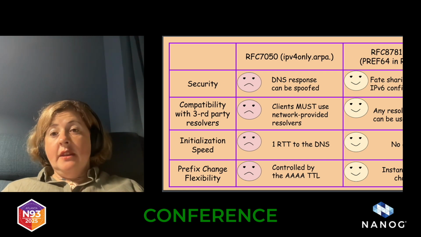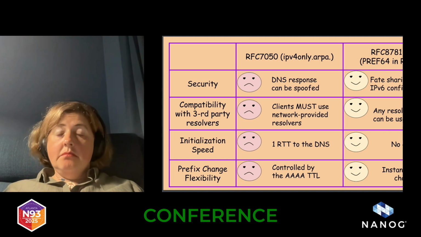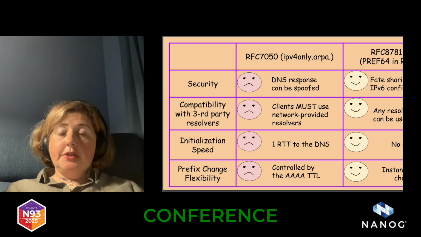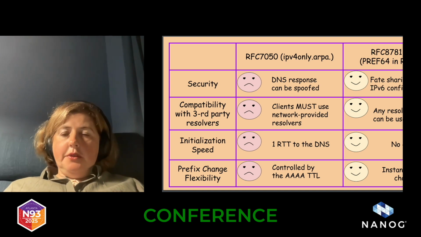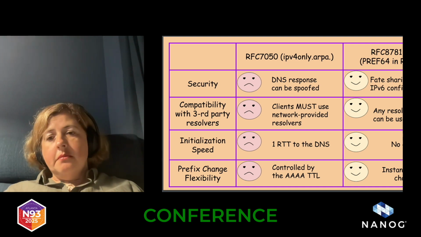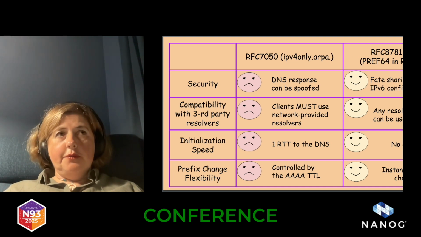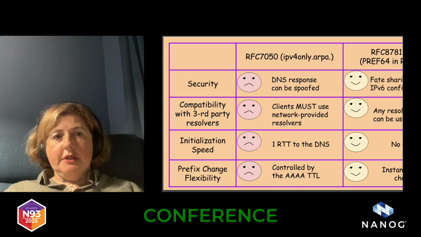So it doesn't work very well. If you provide PREF64 in router advertisements, then, well, it doesn't matter which DNS servers your clients are using. Using router advertisements is, again, much faster in terms of initialization, and it's easy to control for the network administrator. If you need to change it, you send another router advertisement with updated information. So very quick.